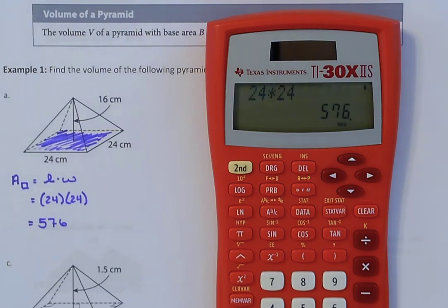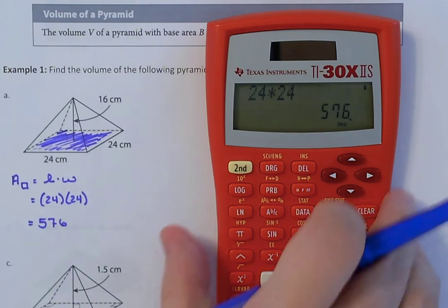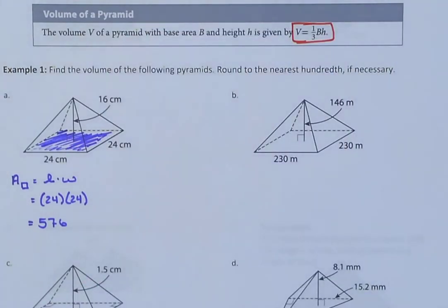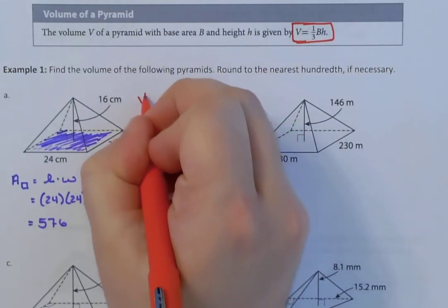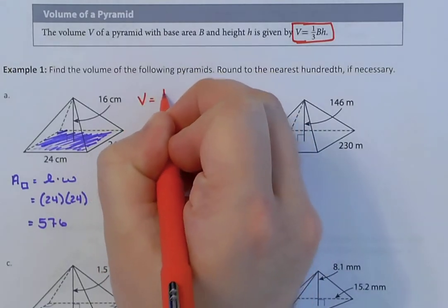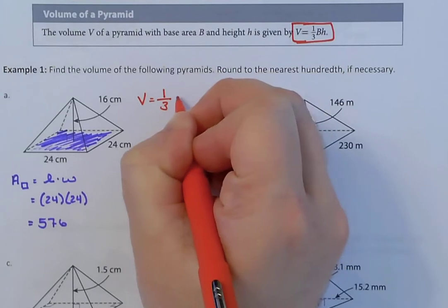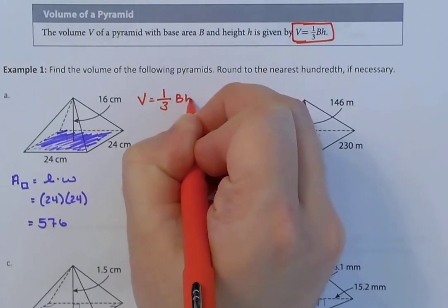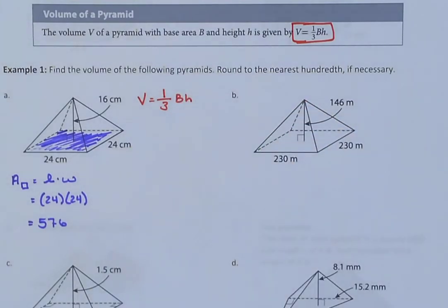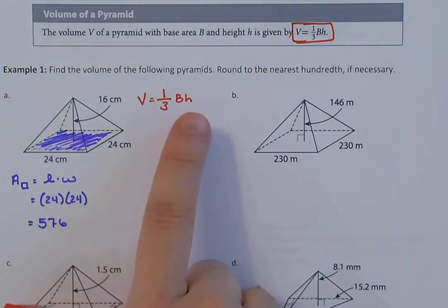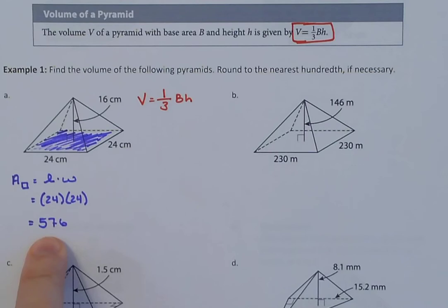Now that I have the area of the base, this is where we bring in the volume formula. To find the volume of a pyramid, it's 1/3 times the area of the base times the height of the pyramid. We already have the value for B, the area of our base, which is 576.